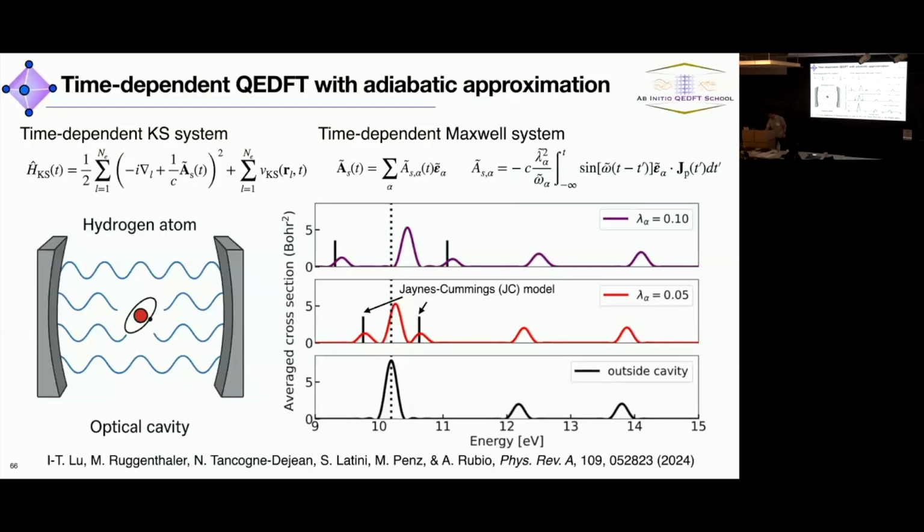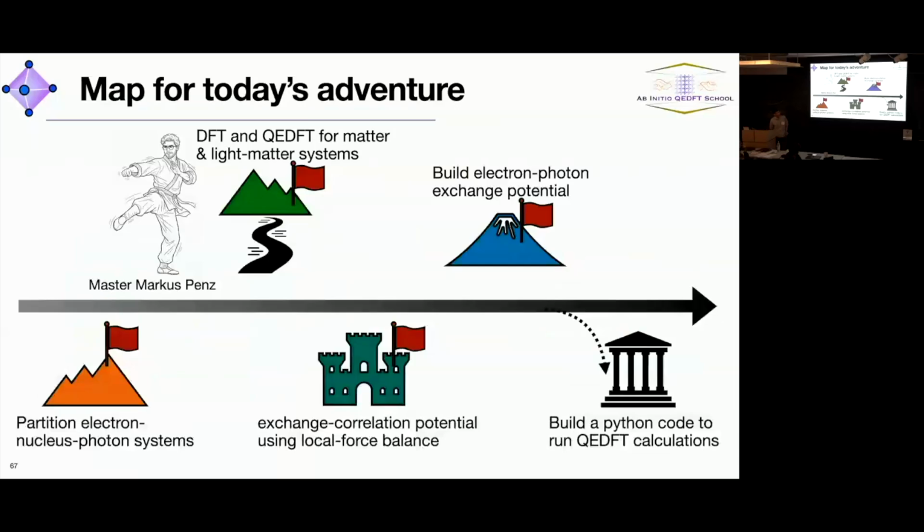Okay, so now we are almost done. We already went through, this morning, how to partition the whole system into subsystems. And then you also know how to use QEDFT to map the interacting system to the non-interacting system to make the problem easier, hopefully. Then the main question in QEDFT or DFT is to find the exchange correlation potential.